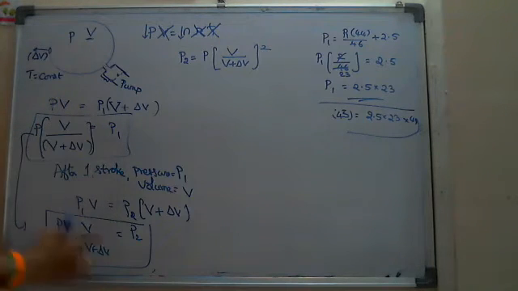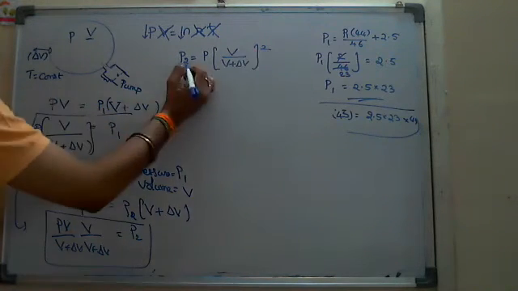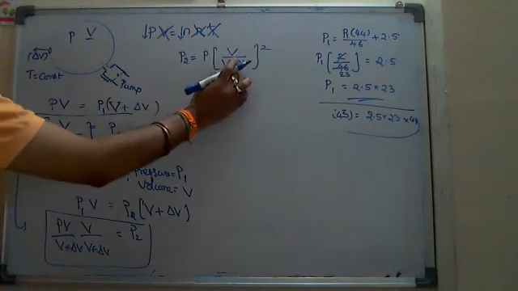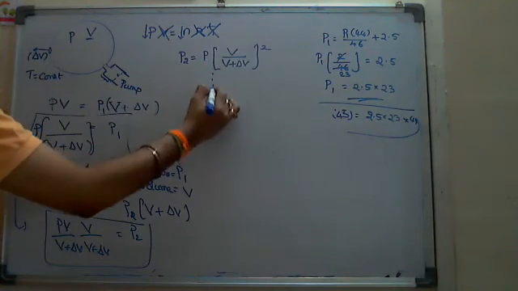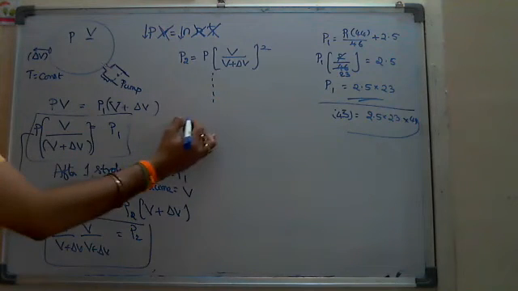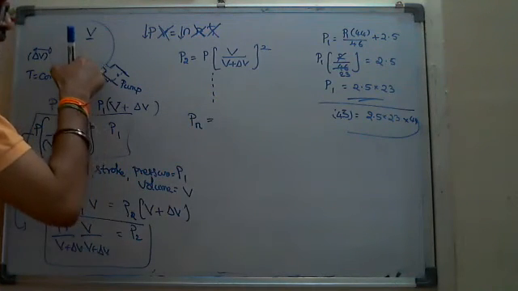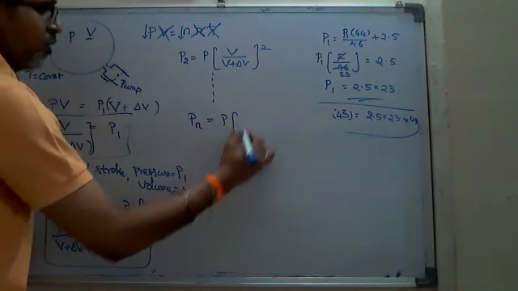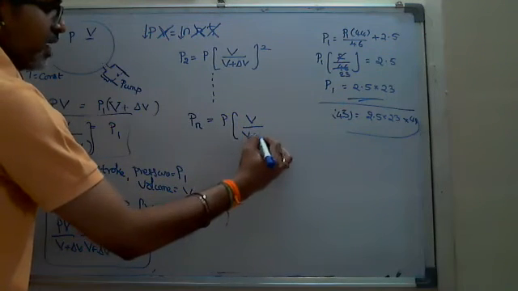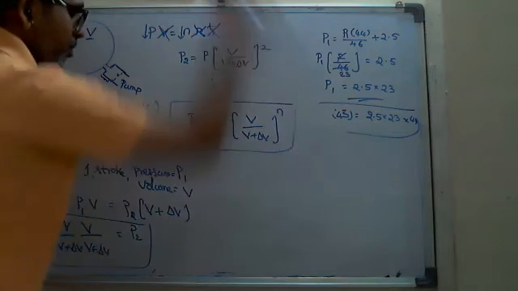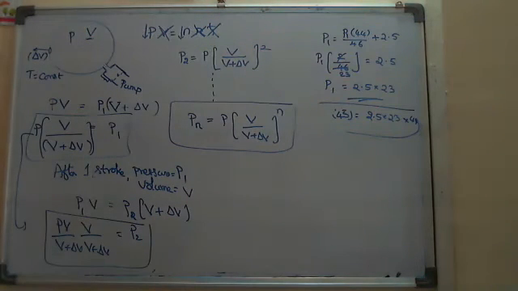Second stroke, I got power 2. So the third stroke, I am going to get V by V plus delta V whole power 3. So on, logically I write after the nth stroke, Pn, the pressure inside the bulb, will be P into V by V plus delta V whole power n. This is the pressure after the nth stroke.